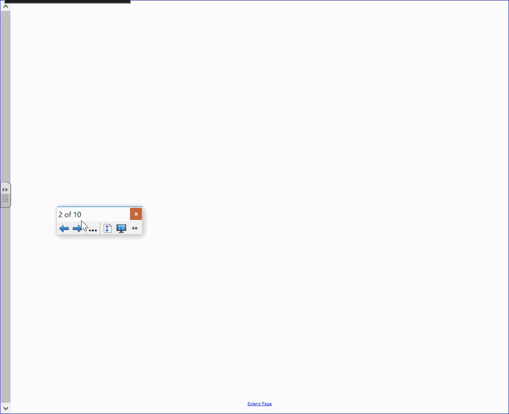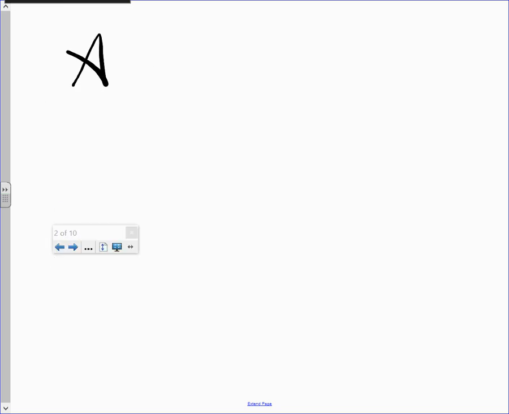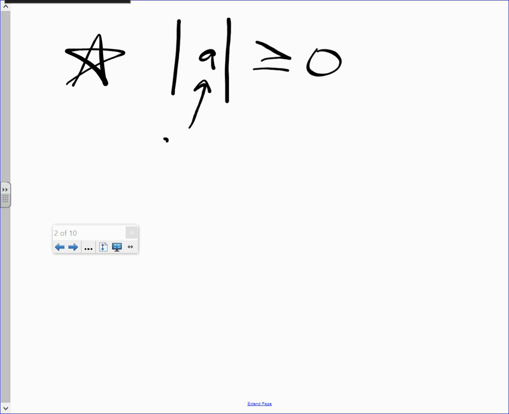Before we get into example 4, we're going to put a star here on your notes. Put a nice big fat star. The absolute value of any number A is always going to be greater than or equal to 0. This means any number A. This is a rule.